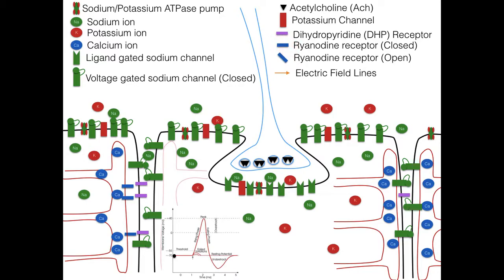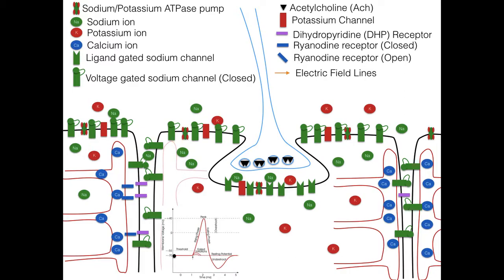You always find dihydropyridine, DHP, and ryanodine close together, in the triad. The DHP is always on the sarcolemma of the T tubule of the triad, and the ryanodine is always on the plasma membrane of the terminal cistern.